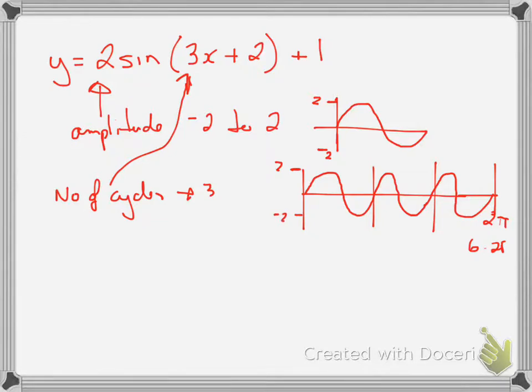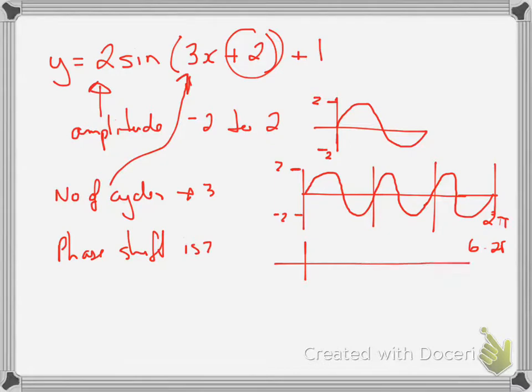The plus 2 here is going to move it to the left. So my phase shift is 2, which means now it does this. And that's at -2.